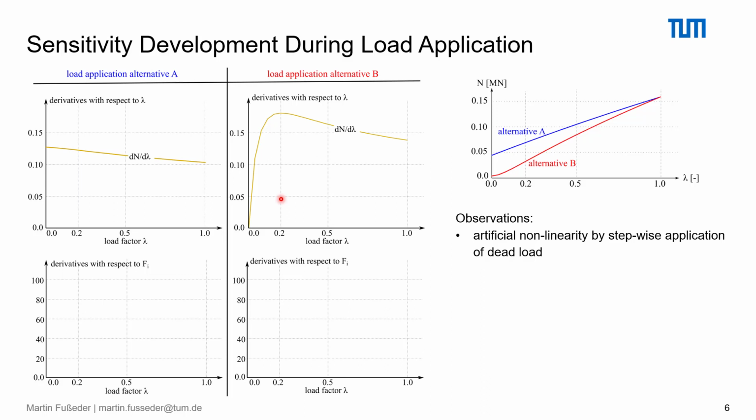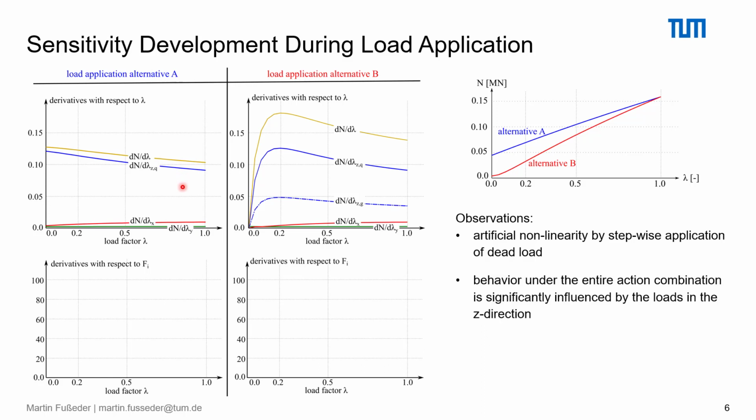With sensitivity analysis, we get even more information, since it is possible to separate between the contribution of the individual loads in the different spatial directions on the overall derivative. We can see clearly that the derivatives of the loads in z direction are dominating the overall derivative, which means the loads in z direction dominate the overall load-bearing behavior as well.